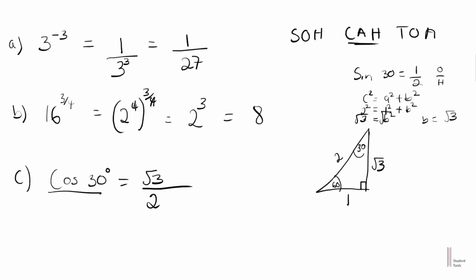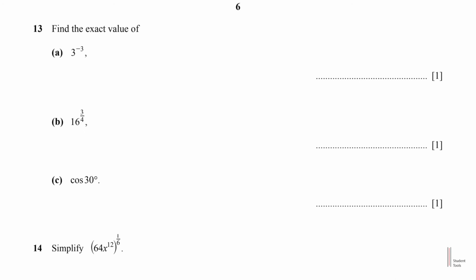Now let us move on to question 14. Question 14, simplify. We have that expression. We have 64x to the power 12, all to the power 1 over 6. So we have to simplify this.